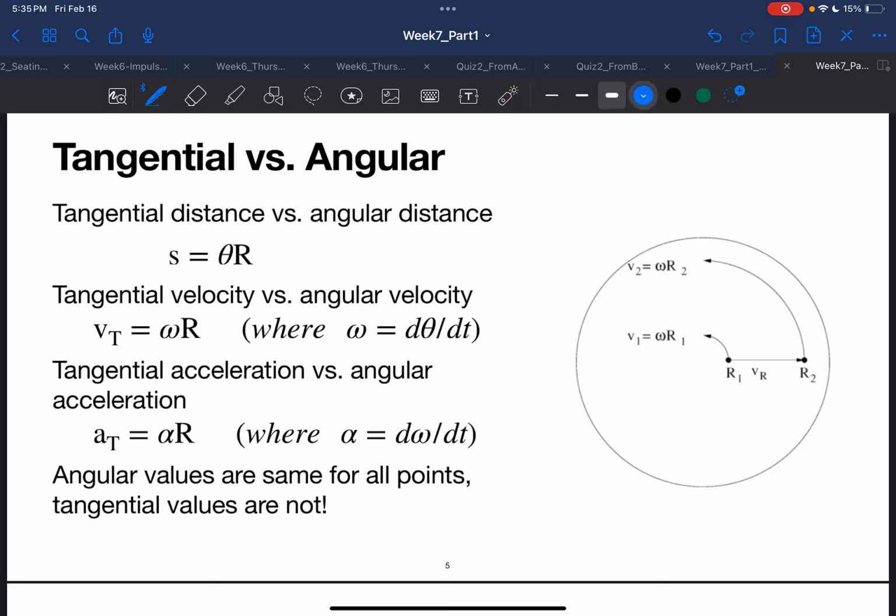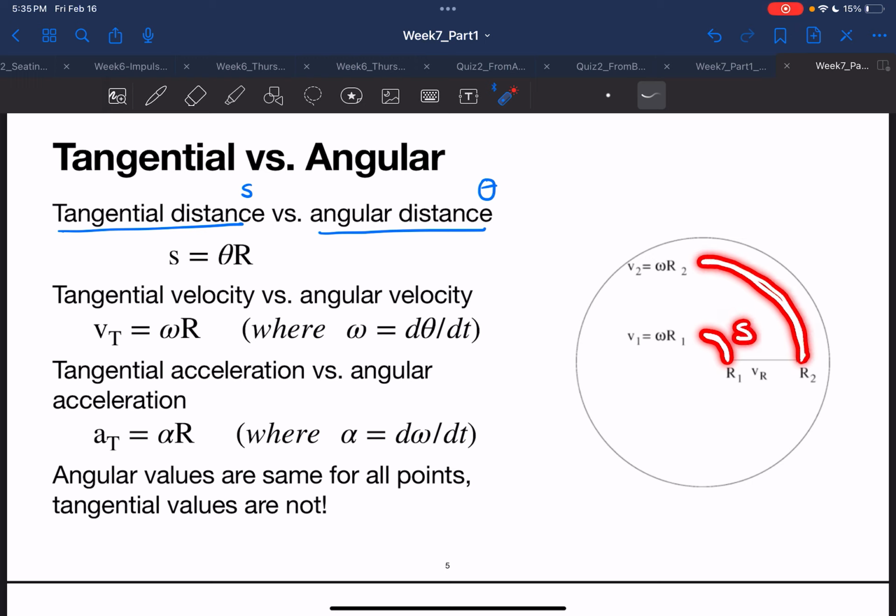So we have tangential distance versus angular distance. So tangential distance is the distance as we move tangentially along the circle, which is the arc length. So the tangential distance is described by s, the arc length, and angular distance is described by theta. Now s actually depends on if you are close to the center of the circle versus far out on the circle.